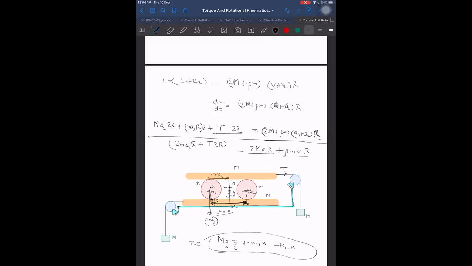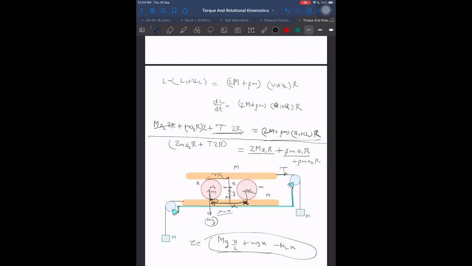This part is cancelling this part, the 2m a2 terms are cancelled. Then beta M a2 r is also there.